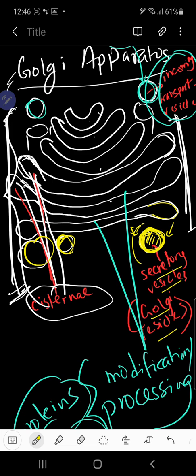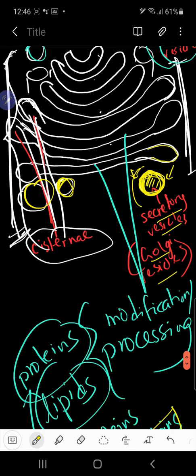So what are lysosomes? We are going to cover lysosomes in detail in another video, but lysosomes are basically organelles which contain different types of hydrolytic enzymes, which are used for phagocytosis and many other processes inside the cell.